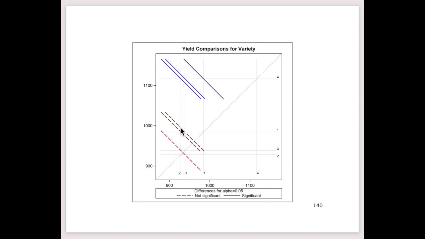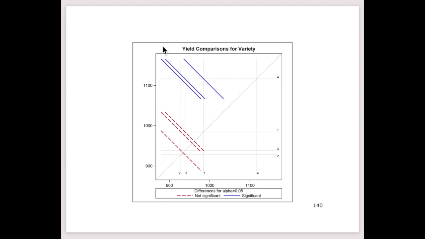Then finally, this diagonal line also intersects the equiangular line, and so we would conclude that, oh no, that's a different comparison. So next we would go up here and look at this blue line. It has a midpoint corresponding to the vertical line, where this is population 2 and then population 4. Since that line does not intersect the equiangular line, we conclude that mu2 and mu4 are significantly different from each other.